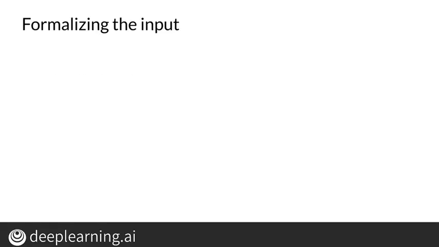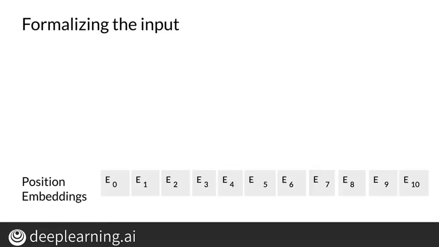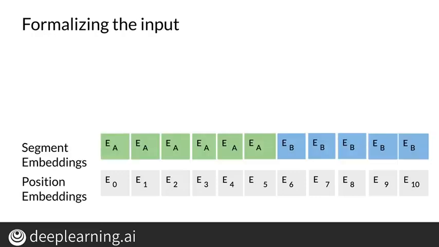So formalizing the input, this is the BERT input representation. You start with positional embedding. They allow you to indicate the position in the sentence of the word, so where each word is in the corresponding sentence. Then you have the segment embeddings, and they allow you to indicate whether it is sentence A or sentence B, because remember, in BERT, you also use next sentence prediction.